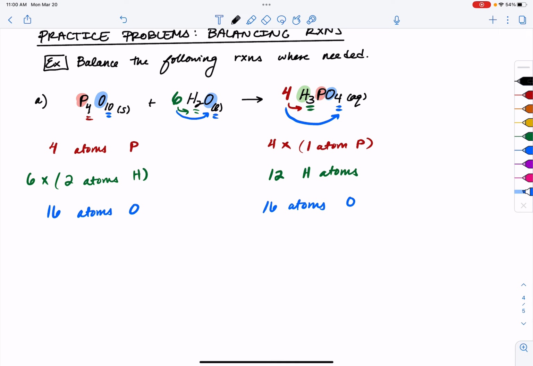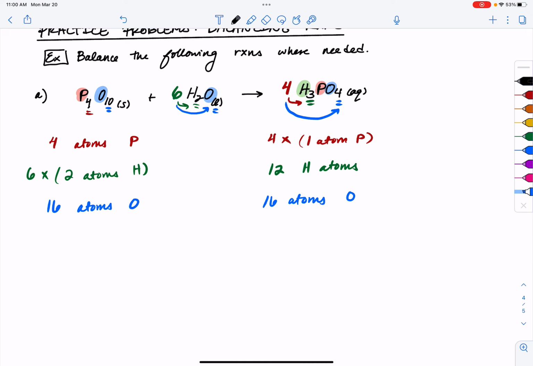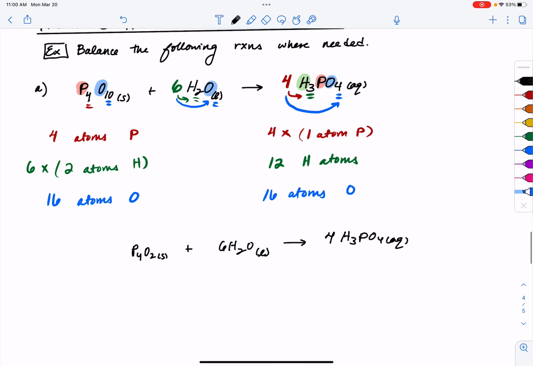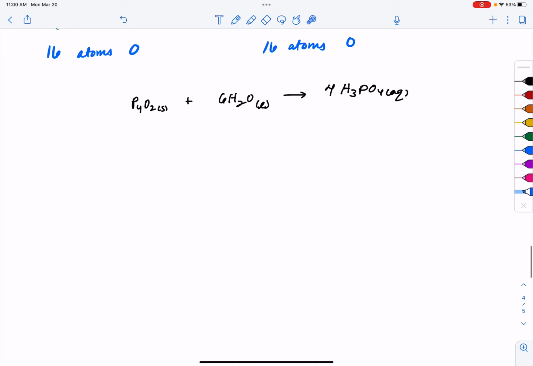So I would write this as P4O10 plus 6H2O yields 4 H3PO4. I would say this in language: 1 molecule of P4O10 requires 6 molecules of water to react to form 4 molecules of H3PO4, or phosphoric acid.